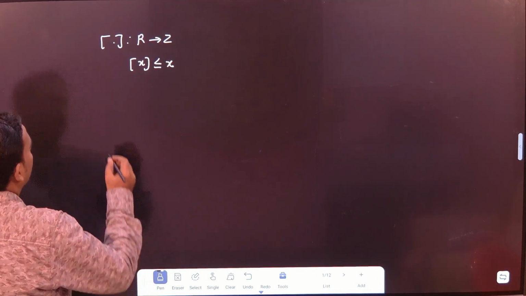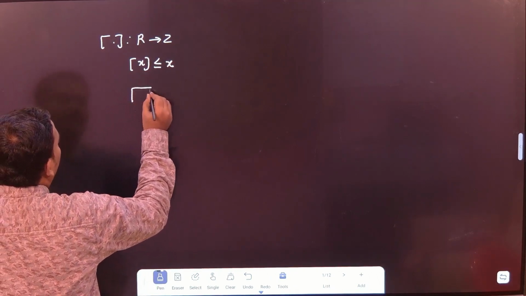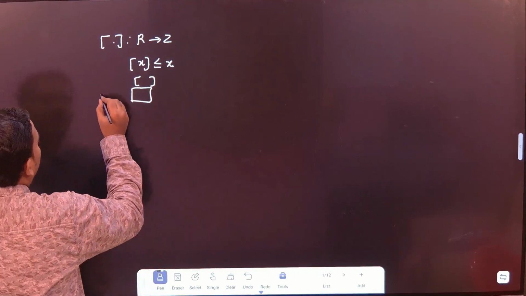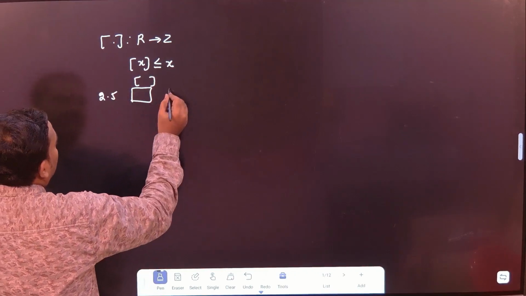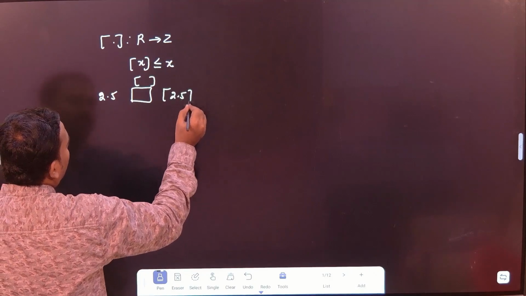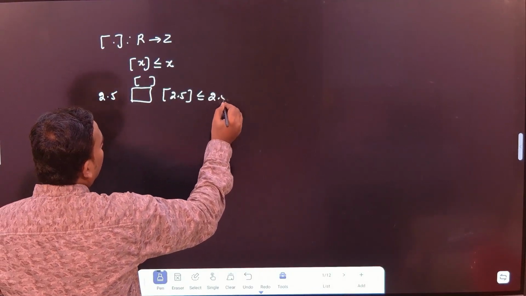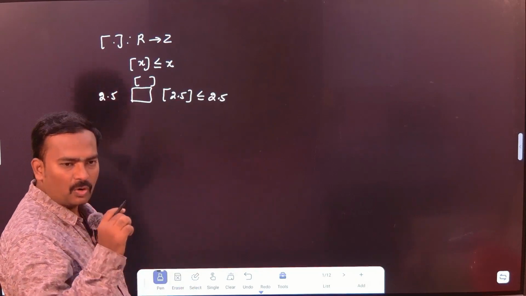For example, the greatest integer function is like a machine, right? Let's take 2.5. We take the greatest integer function of 2.5 and get an output. We need the greatest integer less than or equal to 2.5. 2.5 is not an integer.